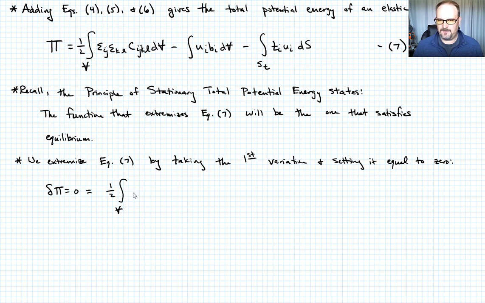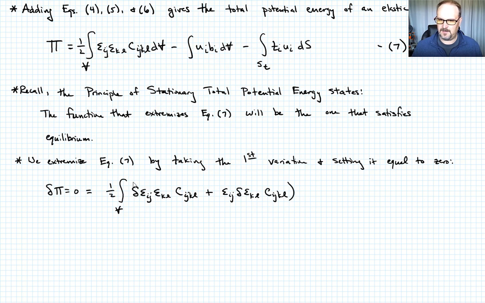And then in this case, obviously C_ijkl is a constant, so we end up being able to use a product type. Remember, we're not taking a derivative, but we can use some of those same rules. So this becomes delta epsilon_ij times epsilon_kl C_ijkl plus epsilon_ij times delta epsilon_kl C_ijkl.